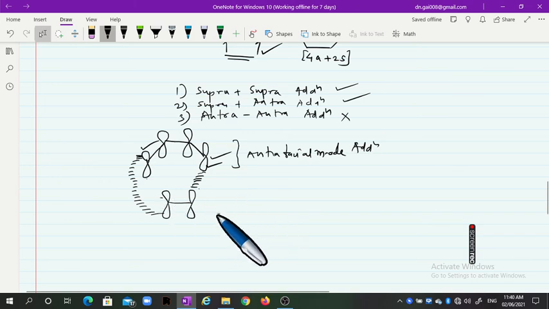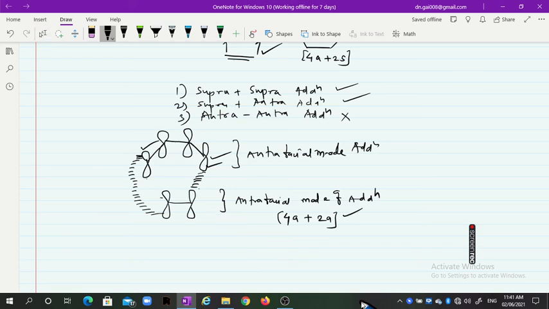Such addition is also called the antarafacial mode of addition. We can represent this as 4a plus 2a, antara-antara addition, but this addition is observed very rarely.